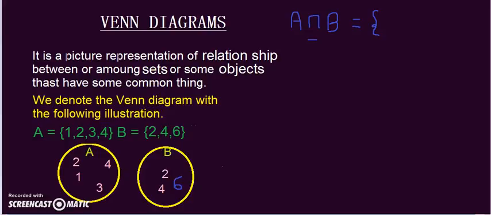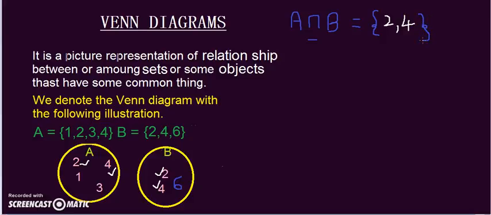If you observe clearly, we have number 2 as a common element as well as number 4. So our A intersection B is 2 and 4.